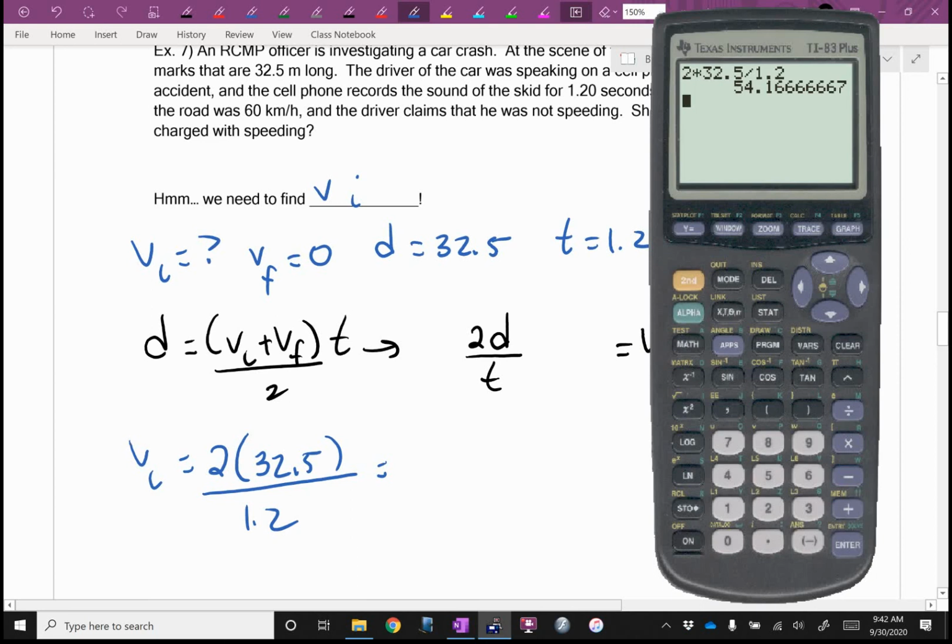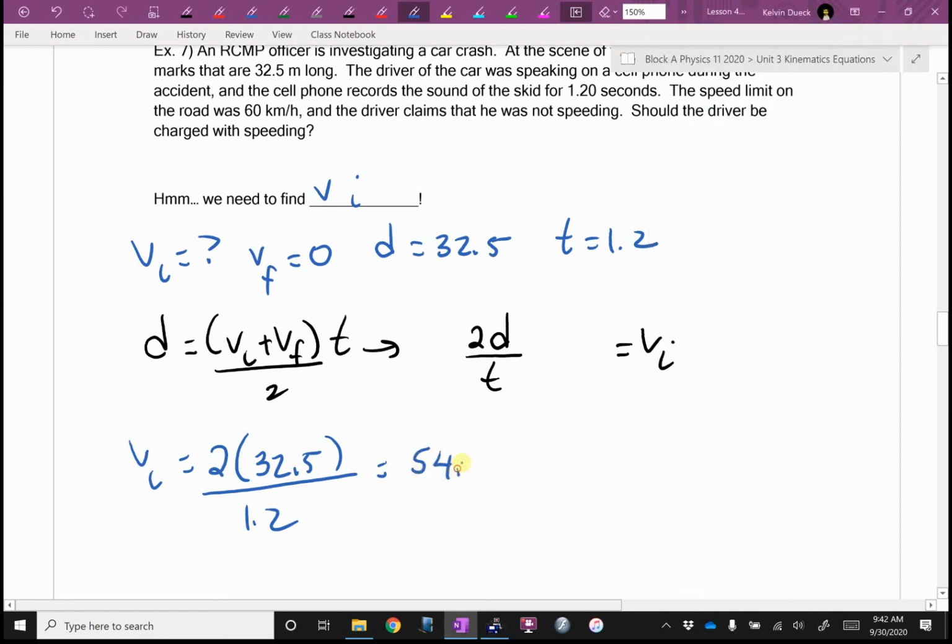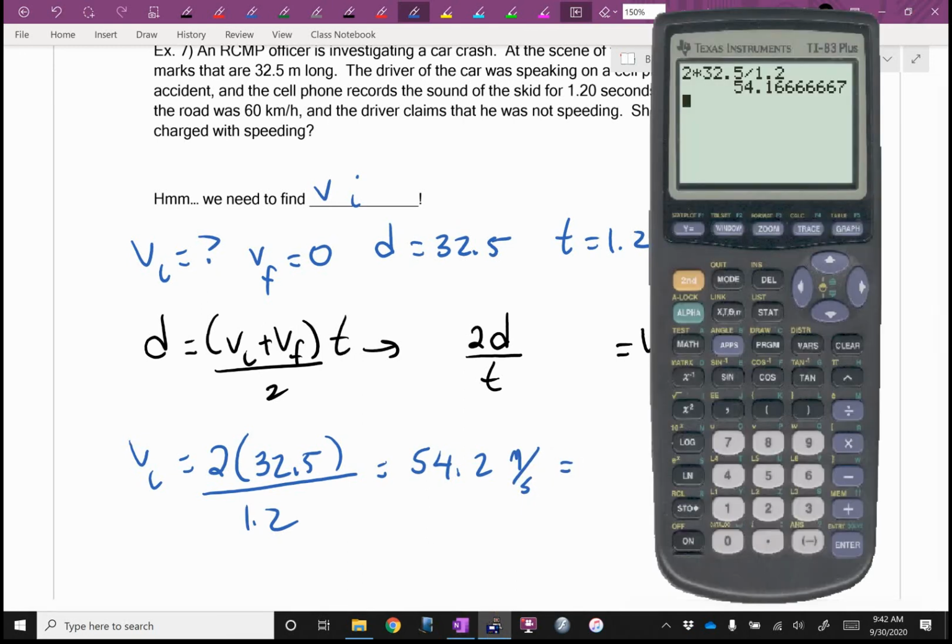What are the units here? This is 54.16 meters per second. How do I convert that to kilometers per hour? Now, if I'm Aiden, I would write 54.2 times 3.6, but all of us instead will hit the answer button times 3.6. It's way less work, it's more accurate, and there's less room for error.